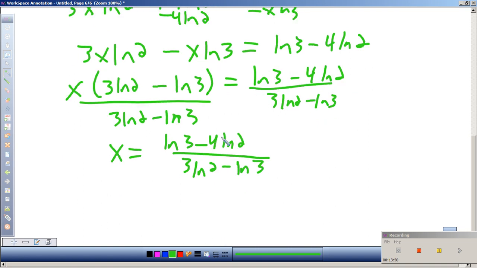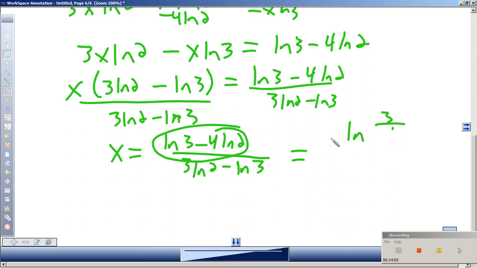So what would it look like if we condensed this expression? Just look at the top first. How would that condense? 4 ln 2 becomes ln of 2 to the 4th, so we have ln of 3 over 2 to the 4th.